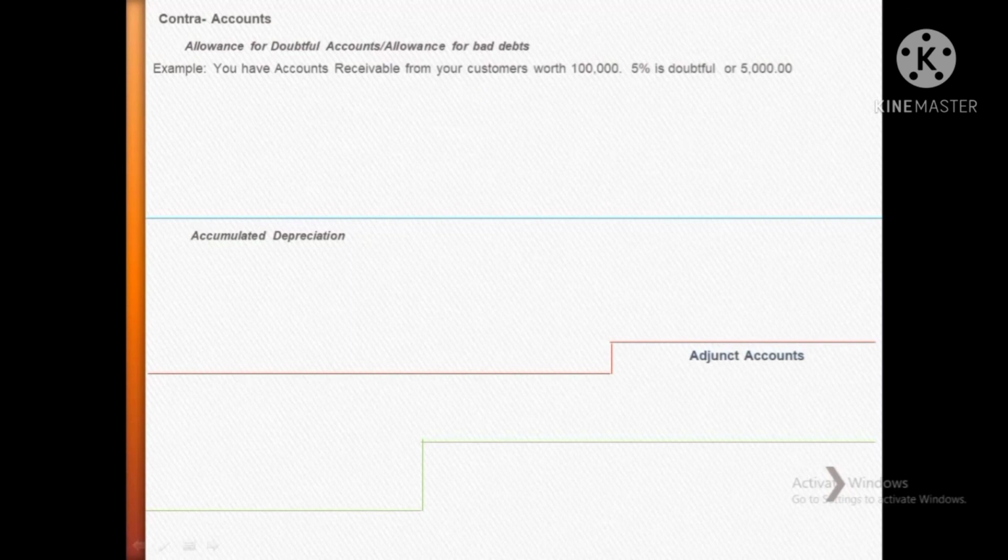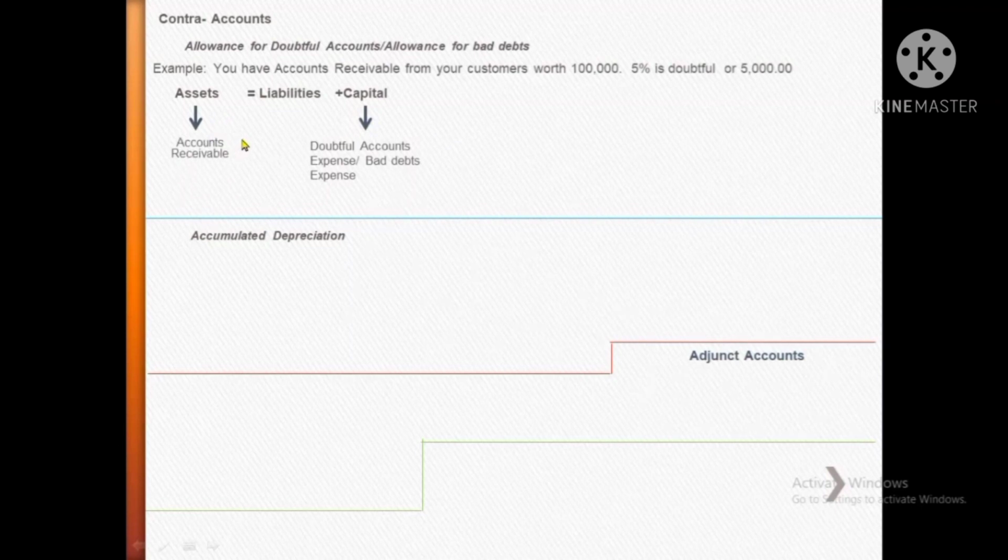I told you in the past video that the effect of this transaction on the A = L + E is a decrease on the capital due to an expense and of course a decrease in asset. And actually, this expense is what we call the doubtful accounts expense or the bad debts expense.